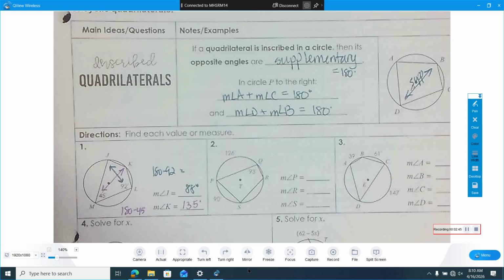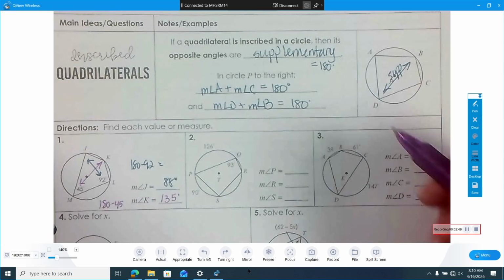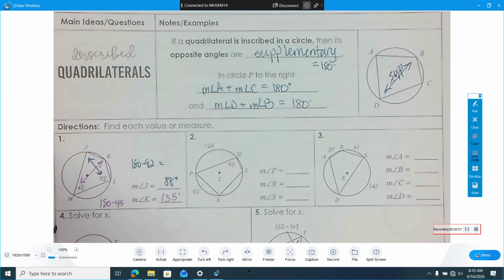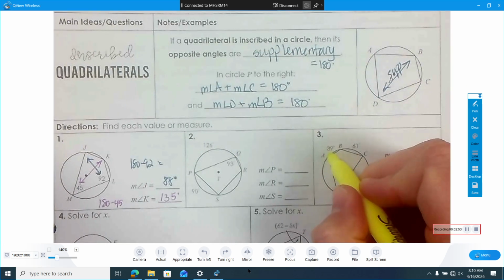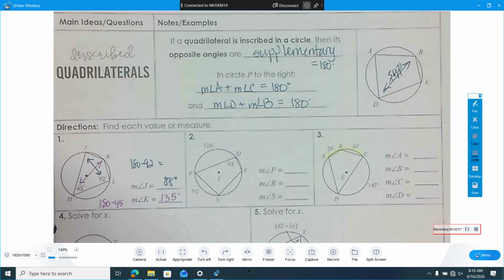Let's look at number 3. On number 3, I have some arc measures here. I have arc AB and arc BC. How do those things help me?